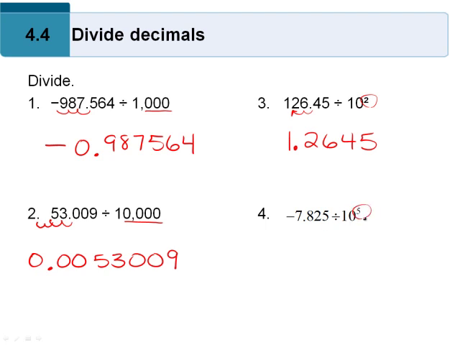So we have to go 5 places to the left. We're going to go 1 place to go in front of the 7. So I'm going to write 7825. So we're in front of the 7. That's 1 place. And I'm going to just write zeros as I count over. 2, 3, 4, 5. So I have now moved 5 places from between the 7 and 8.